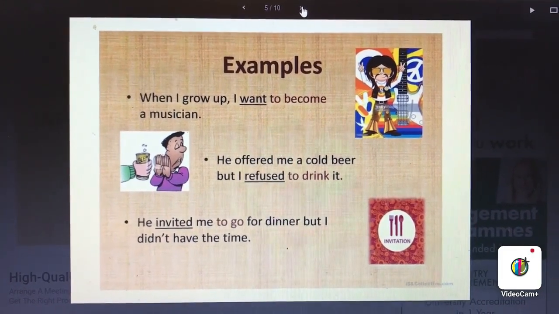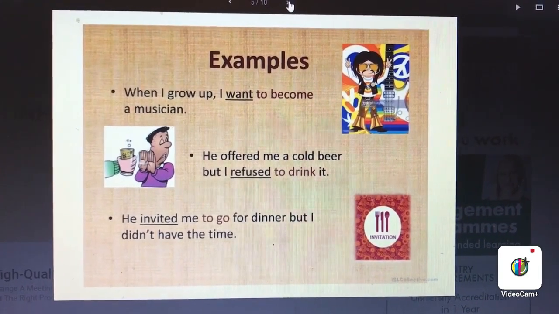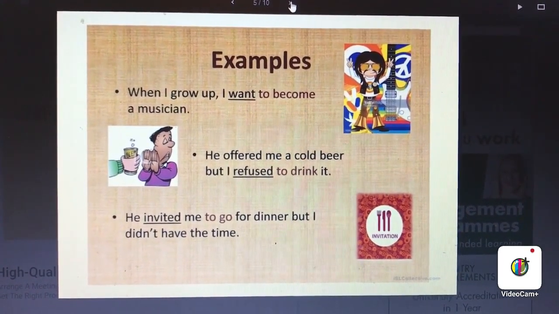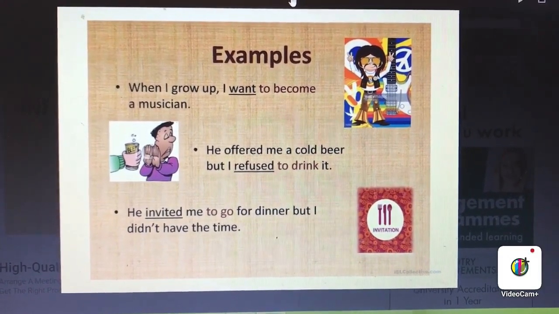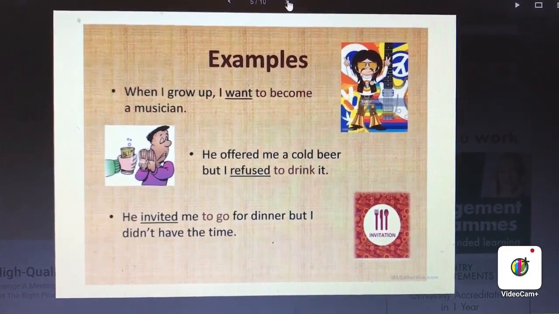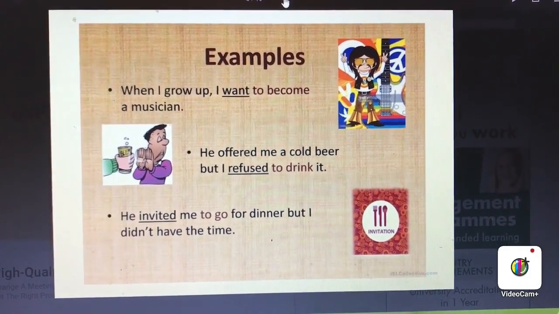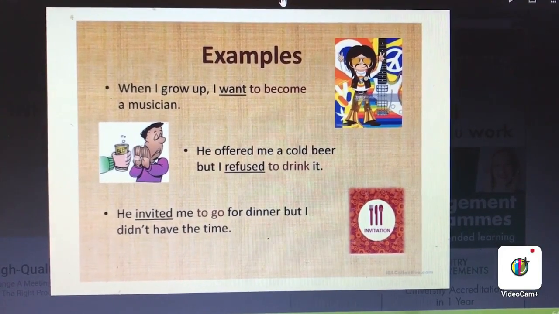When I grow up is a subordinate clause in this sentence. Want and grow are both verbs, but we will consider the verb of the main clause, want. To become a musician is acting as the object over here. Again, you can see we have a subject I, then verb want, and the object is to become a musician.